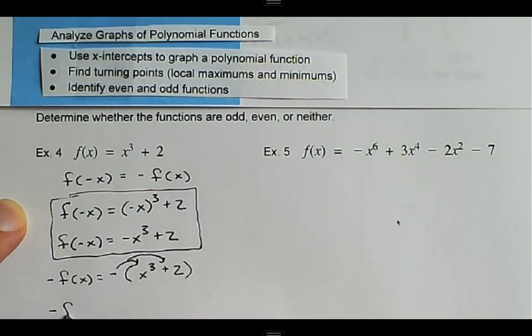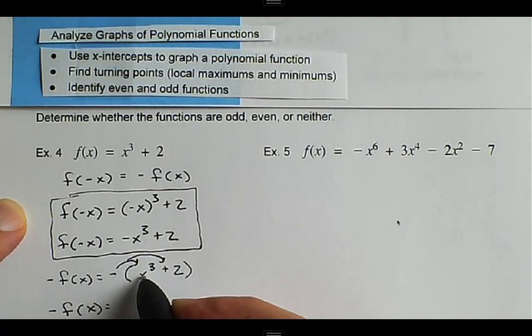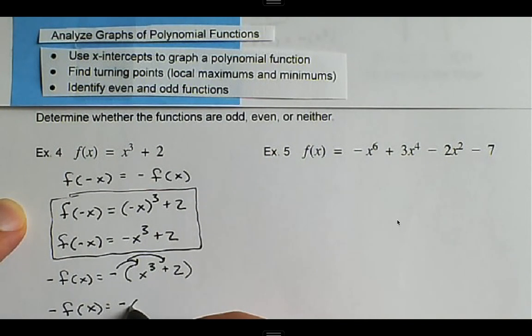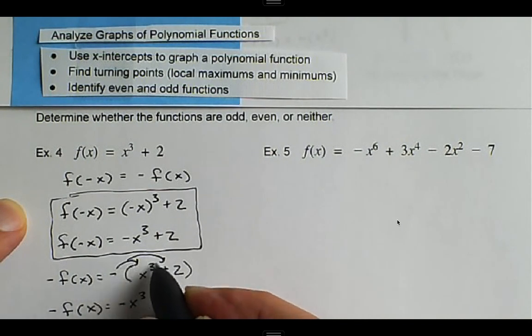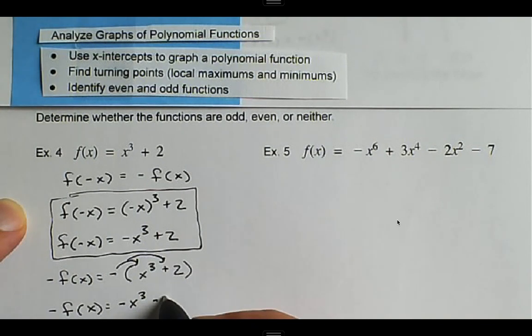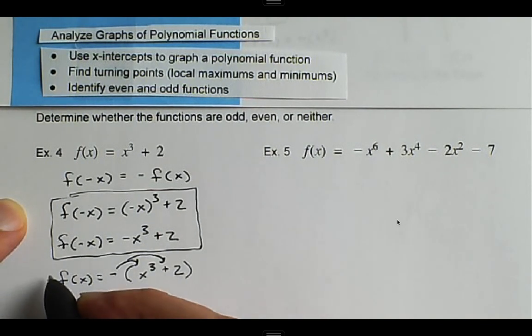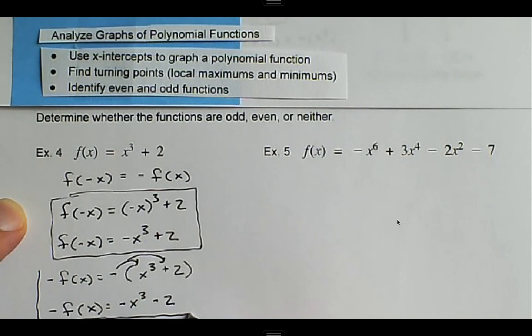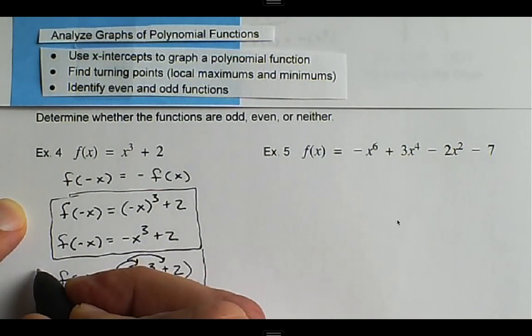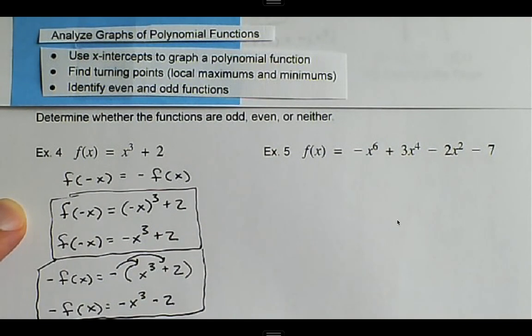So negative the entire function is equal to negative times x cubed. That becomes negative x cubed. And negative times positive 2 becomes negative 2. And so that is the check of what the function will look like if we negate the entire thing.